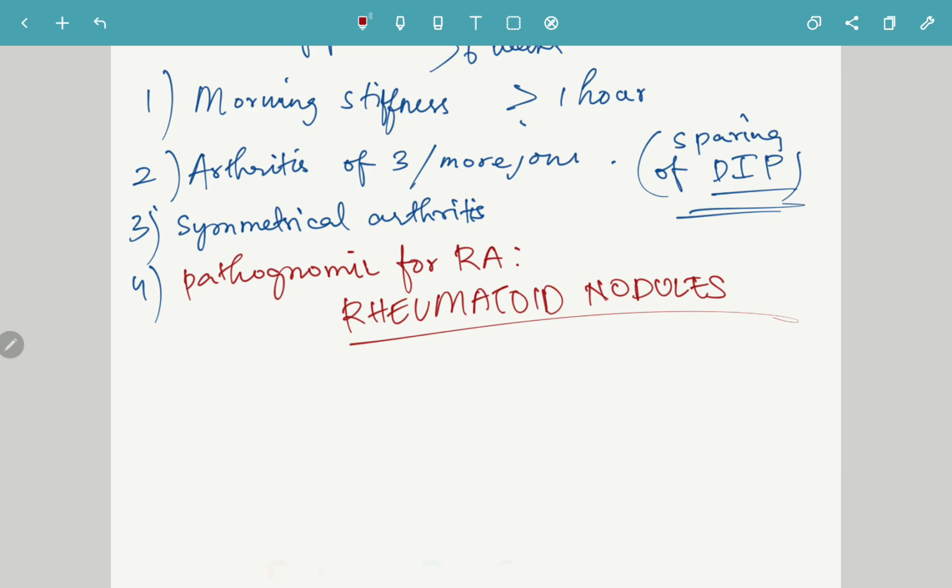And then you need to check for the serum rheumatoid factor and certain radiological findings.